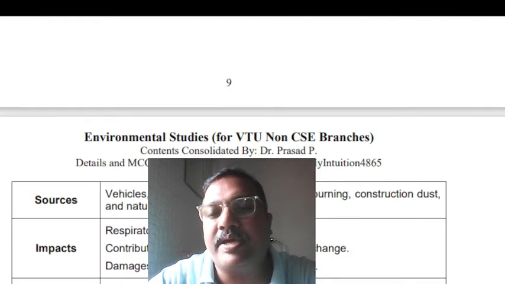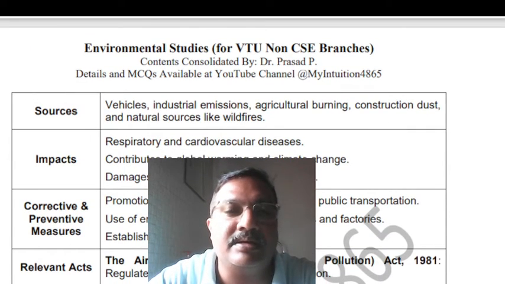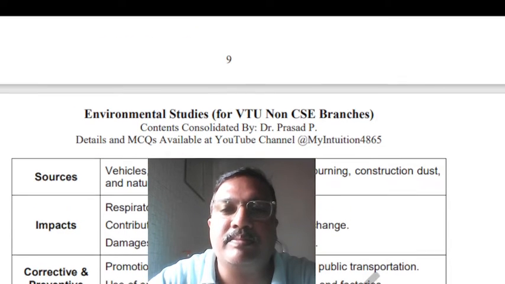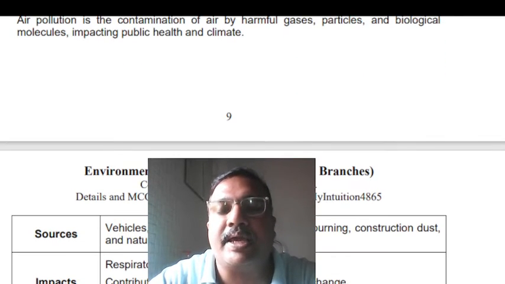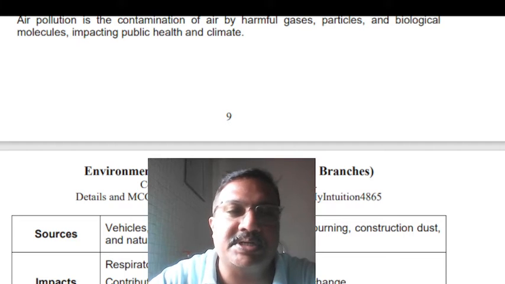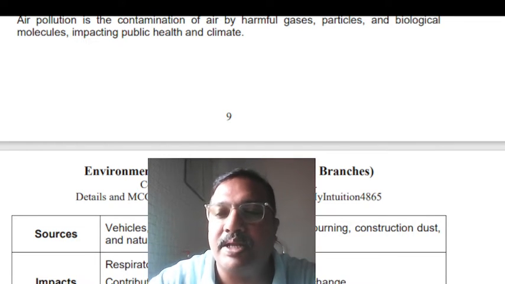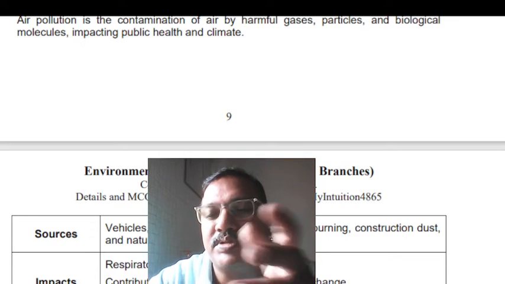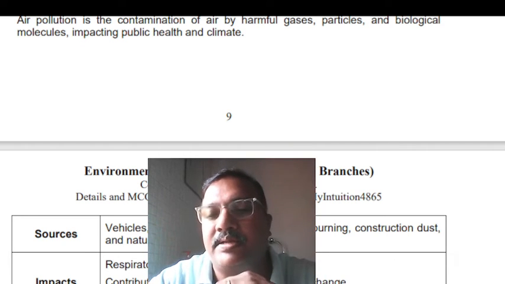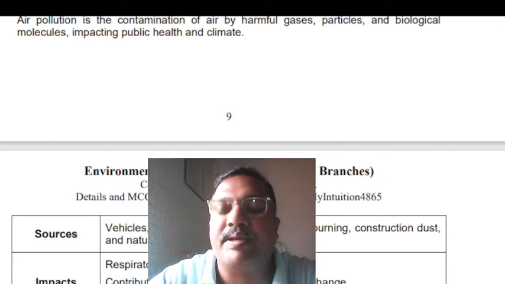Vehicles mainly pollute the air. Industrial emissions are another reason. Agriculture burning, burning the unused crops after getting the yield, causes that much air pollution.